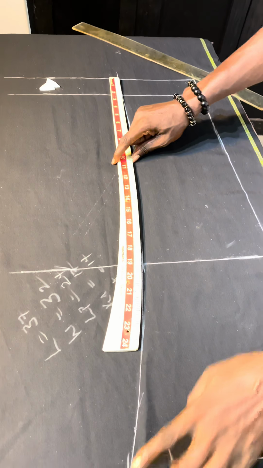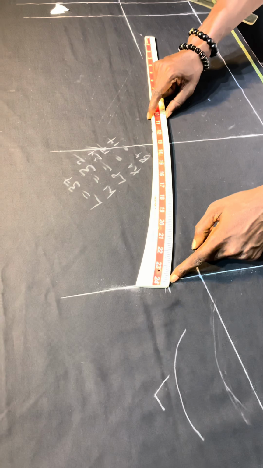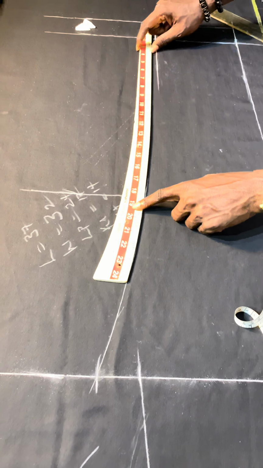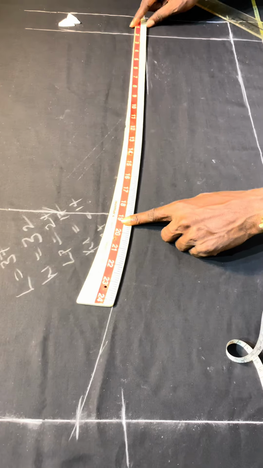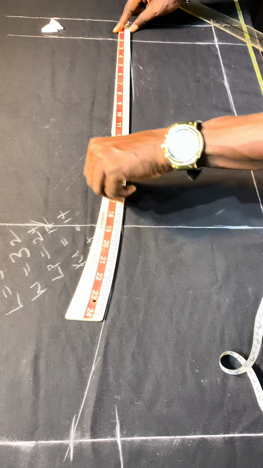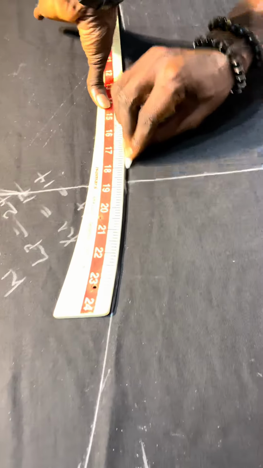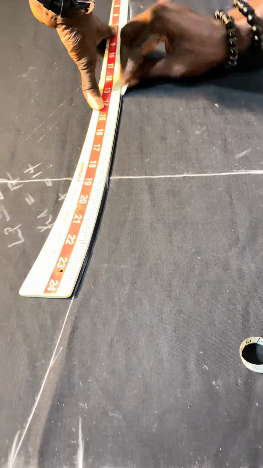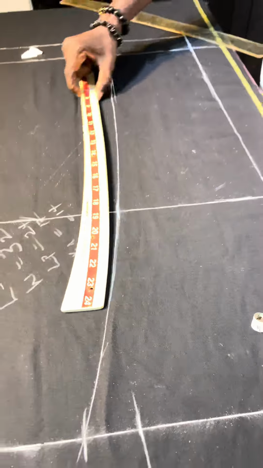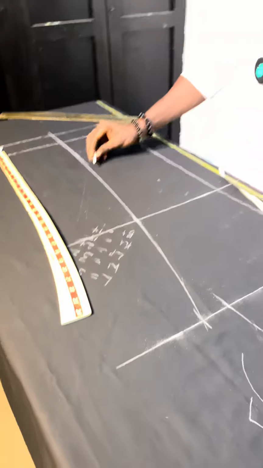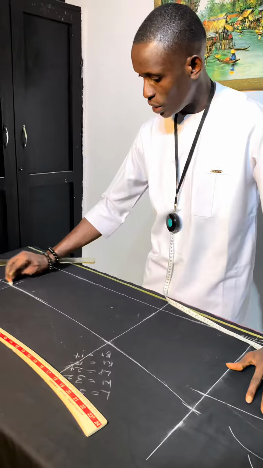Remember, when I was doing this, I started directly from here, but when it comes to this now, I go down a little bit so I can get the perfect shape for this pant. So for this trouser, you must know how to work with your leg ruler. If you know how to work with your leg ruler, everything will be easy for you. So this is it. So this is the trouser.